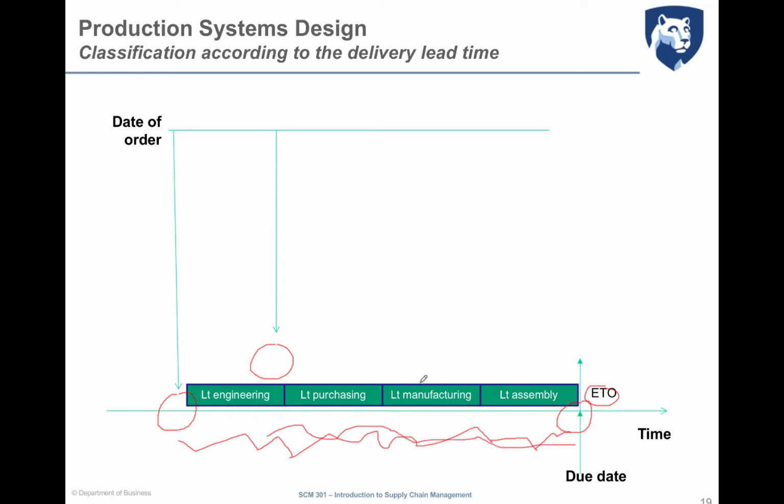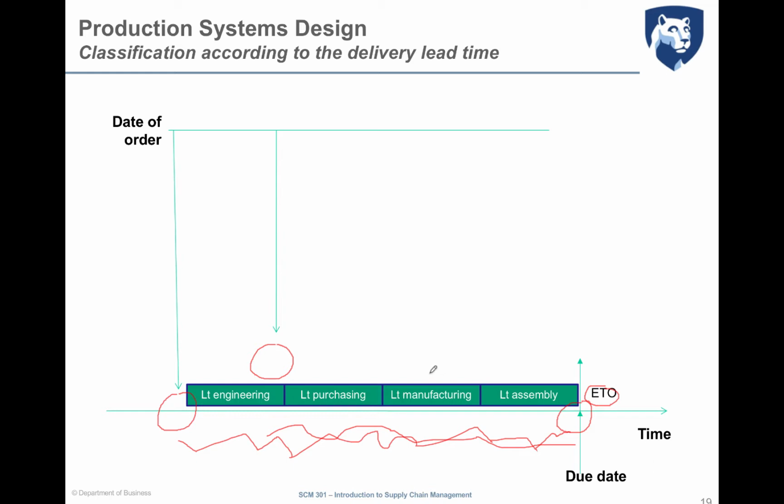Okay? So in this case, it means that you can't wait to do the engineering when the date of the order arrives, because if you still have to do the engineering, you will be late on the scheduled due date.